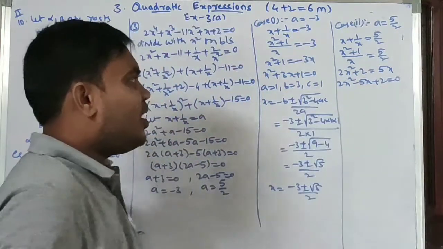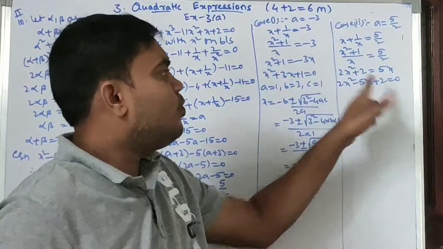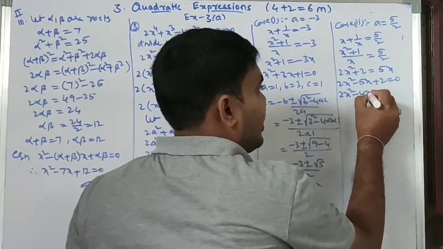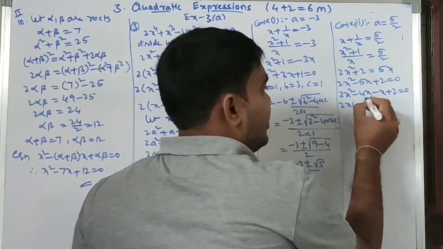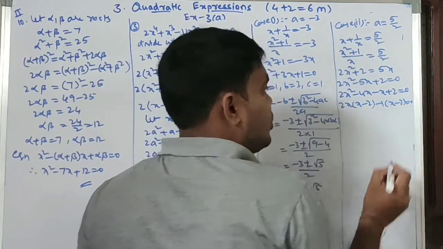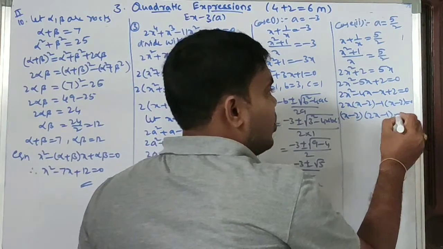So we can apply the quadratic formula, but we can easily factorize this one. 2 into 2, 4. So 2x square minus 4x minus x plus 2 equal to 0. 2x common, x minus 2. Minus 1 common, x minus 2 equal to 0. Taking x minus 2 common, 2x minus 1 equal to 0.